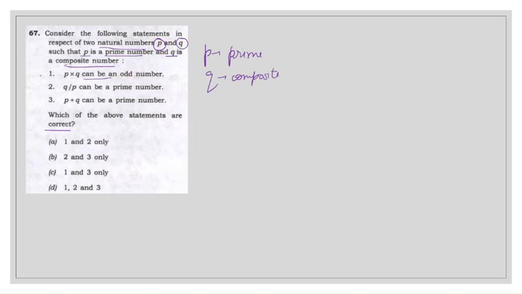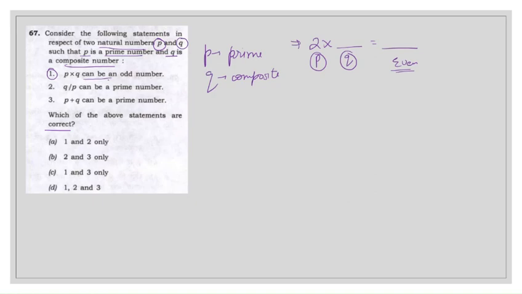So focusing upon the statement 1 first. P multiplied by Q can be an odd number. So P here, if we take a prime number, see, even number into an odd number. For example, 2 is a prime number. And if I multiply any composite number with 2, the result I'll get will obviously be even in all cases. So that is okay.